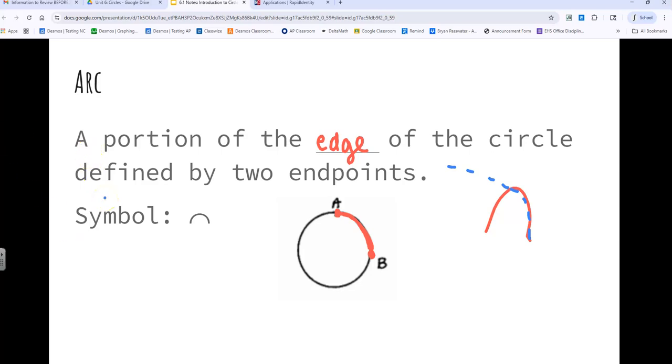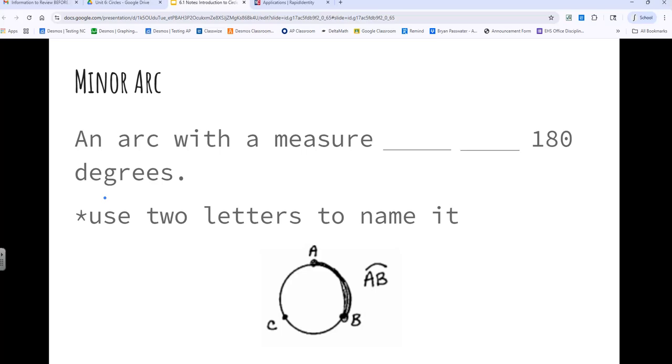All right, minor arcs. There are two types of arcs that we'll talk about: minor arcs and major arcs. A minor arc is an arc with a measure that is less than 180 degrees. We only need to use two letters to name a minor arc.